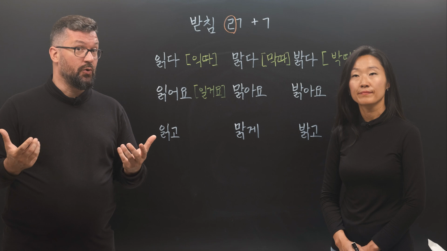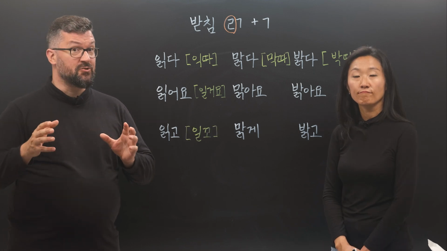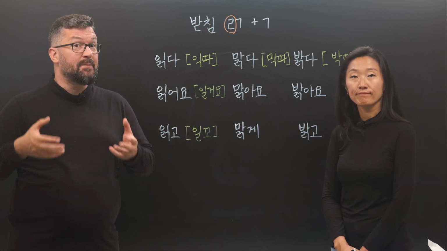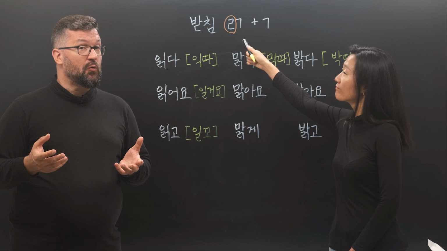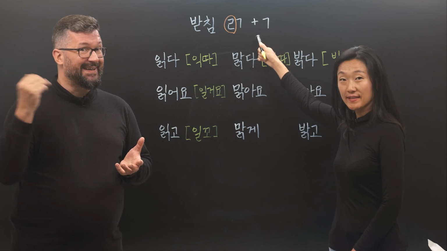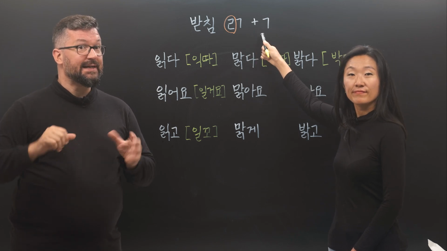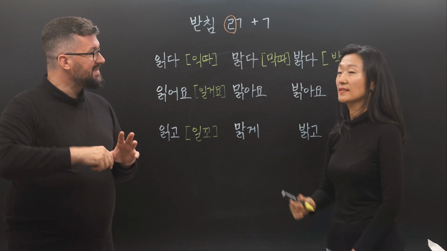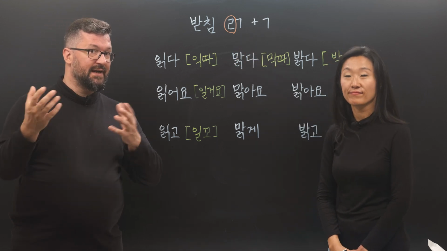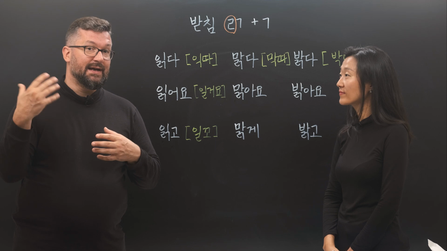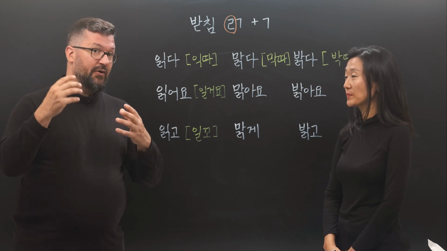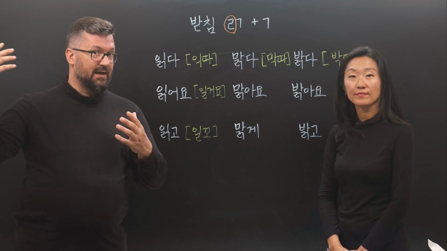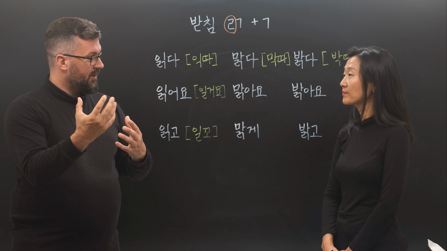However, there is an exception to this rule. If the bachim r, g is followed by an initial consonant g in the next syllable, r, g is pronounced as l and not as g. Usually when there is r, g, only g is pronounced. But if r, g meets g, r is pronounced.